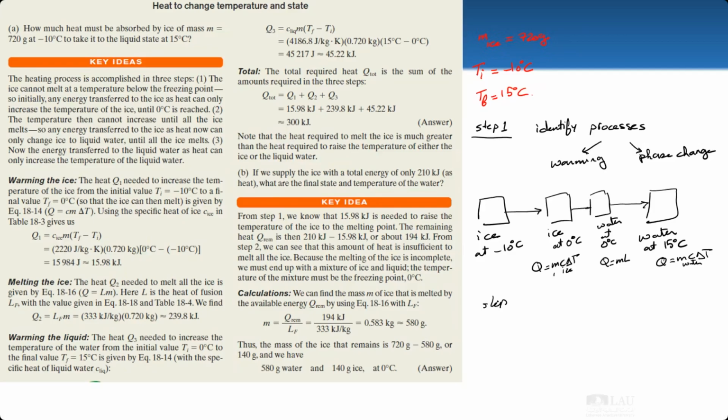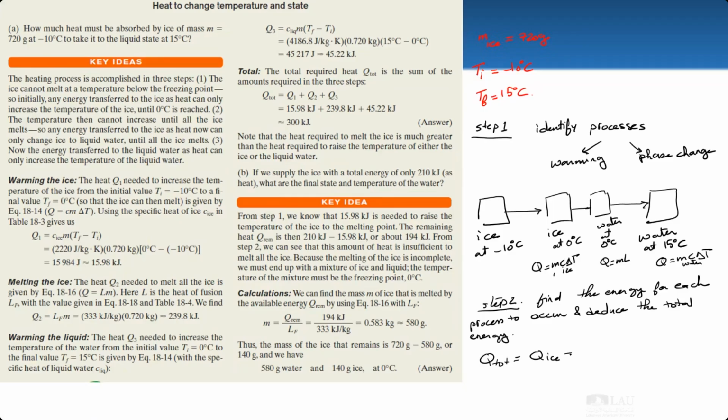So step 2 would be find the energy for each process to occur and deduce the total energy. Q total is going to be equal to Q ice plus Q of phase change.